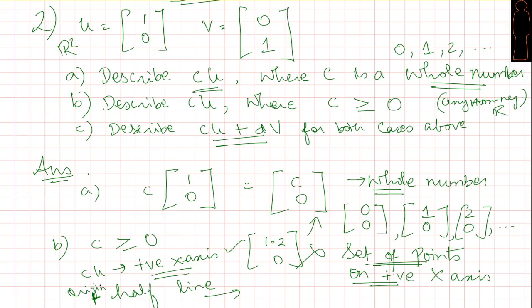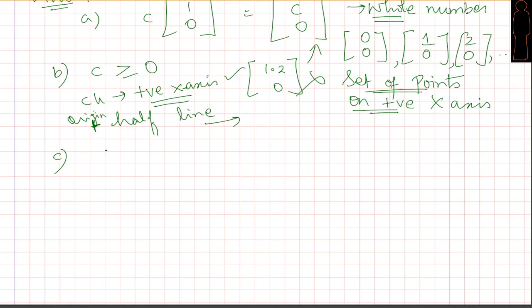Okay, let's move ahead to case C. So case C is going to be, what would be Cu plus dv, and we are looking at Cu from case A. So let me just slightly mark this here so that we understand what we are talking.